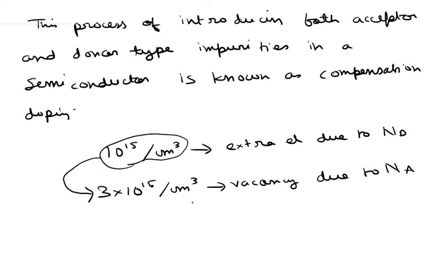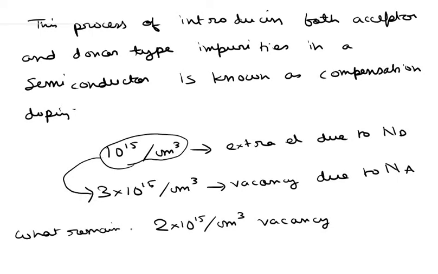If we destroy 10 to the power 15 per centimeter cube of vacancies, what will remain is 2 into 10 to the power 15 per centimeter cube of vacancies, and this vacancy is the number of holes in the valence band.